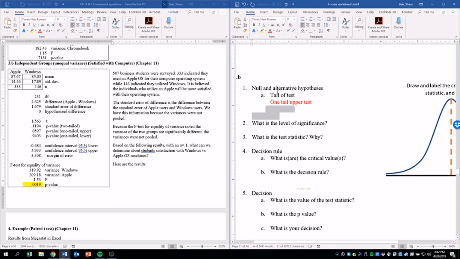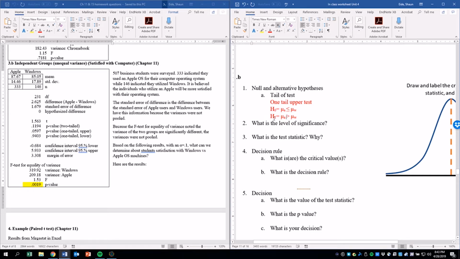Next, let's go ahead and do the null and alternative hypothesis. I'm going to just go ahead and do this. The null hypothesis says, whoops, this is the wrong way. The null hypothesis says that the mean of Apple is less than or equal to the mean of the Windows users.